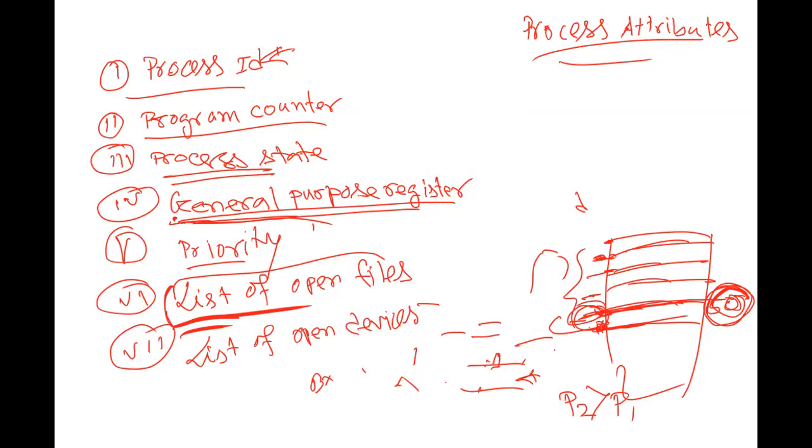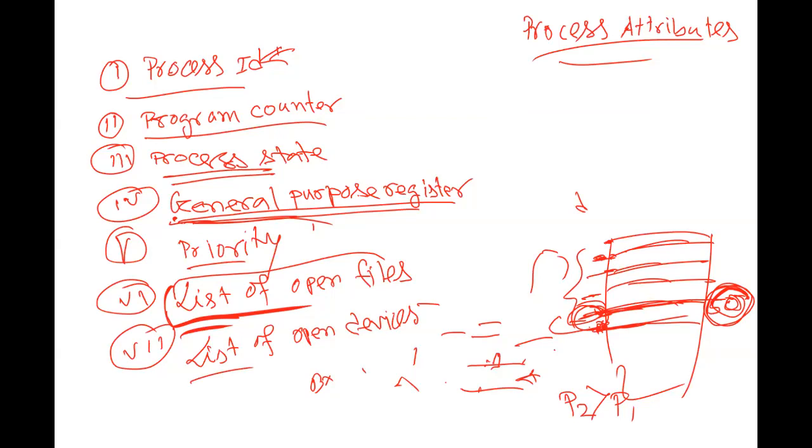At that state, if the process is preempted, this list should be stored somewhere, in case the currently running process is preempted by the CPU. When it is scheduled for execution again, you need this information: how many files and how many devices were open the last time the process was executing.